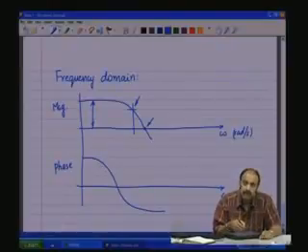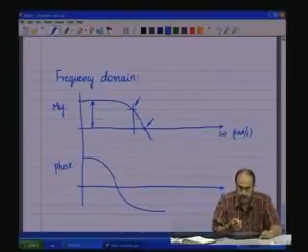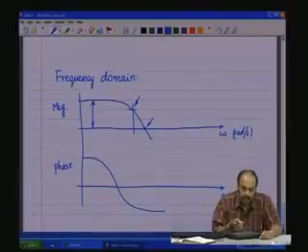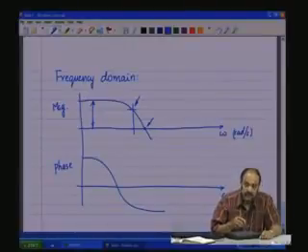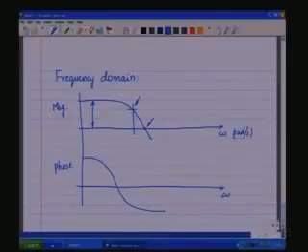Is it going to be in phase, or is it going to be having no phase shift with respect to the input waveform? Is the response having 90 degrees phase shift, 180 degrees phase shift with respect to the input waveform? These are issues that you can obtain. This is the information that you can obtain from the frequency domain plots.